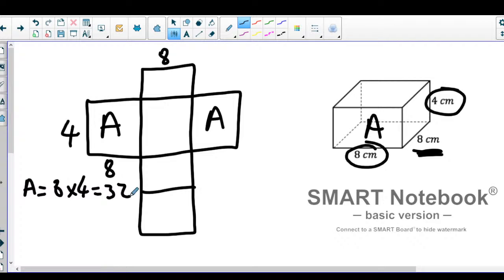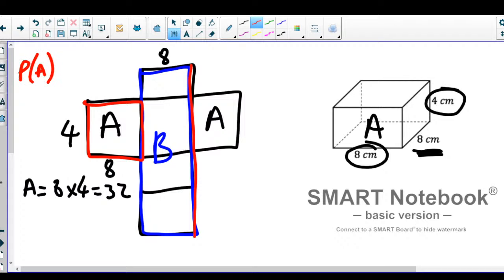Now, same as before, here's B. I know its width is 8, but of course what I'm thinking about is this height here. And as I did before, I'm just thinking about that perimeter of A. Well, the perimeter of A is 4 plus 8 plus 4 plus 8, which in this case, 4 plus 8 is 12.